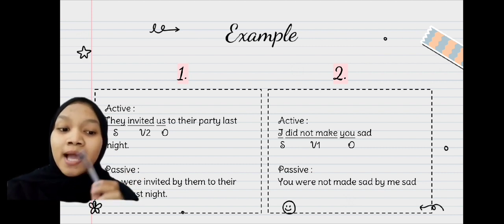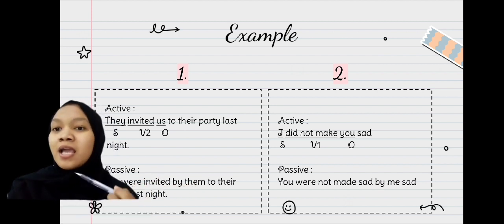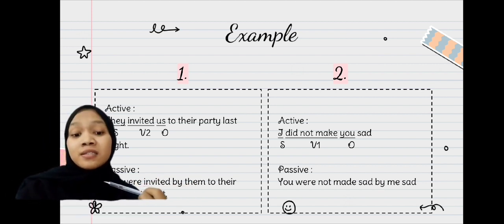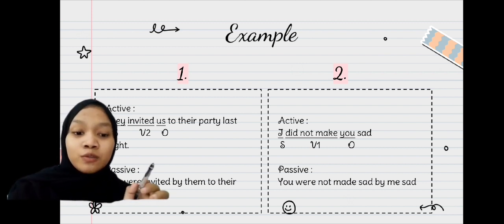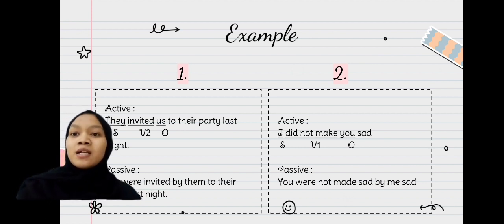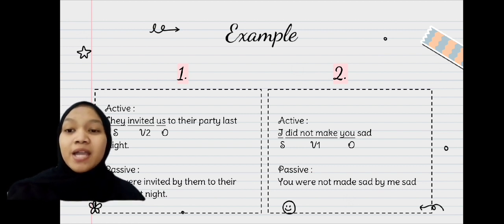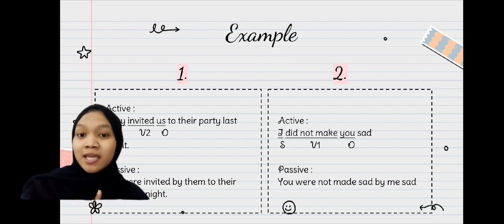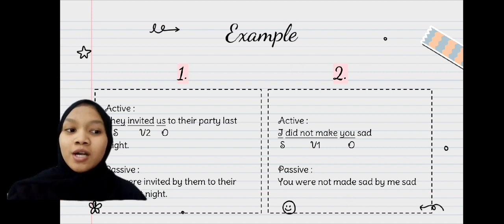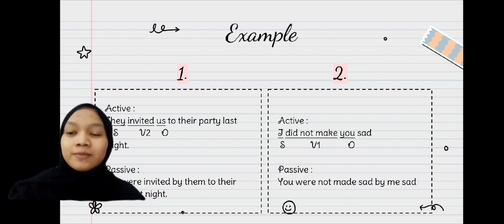I is the subject, did is verb 1, and not is the object. So from that sentence we can get the passive: you were not made sad by me. Once again, you were not made sad by me.